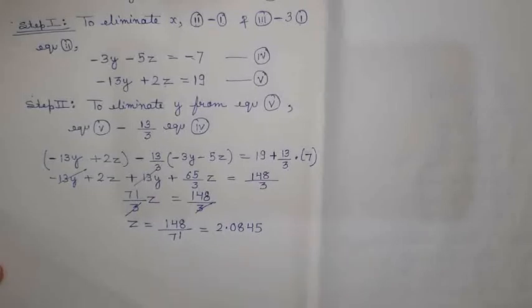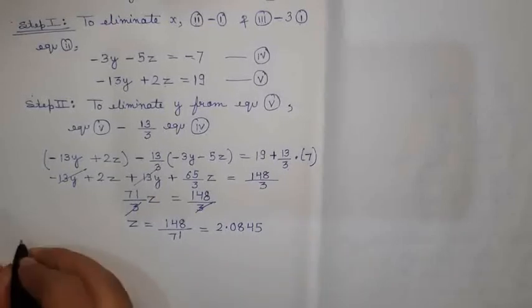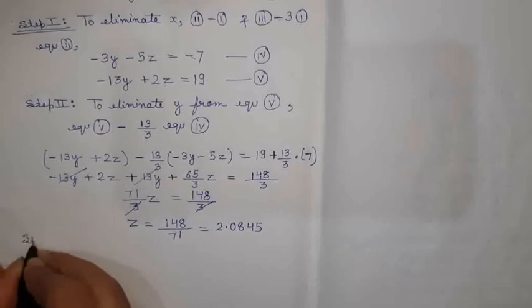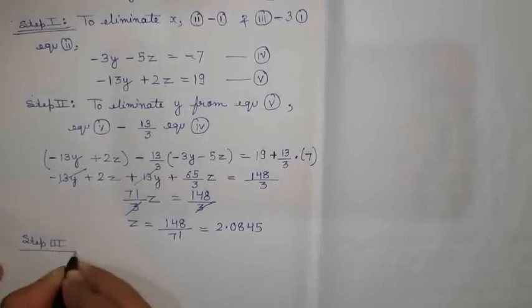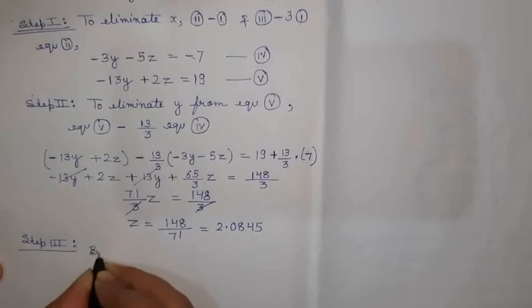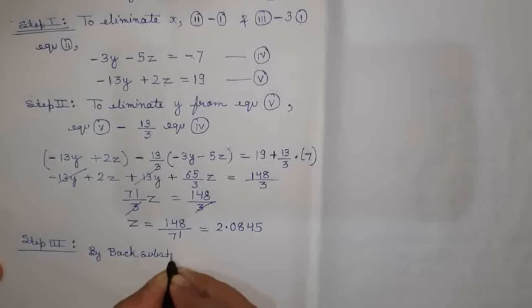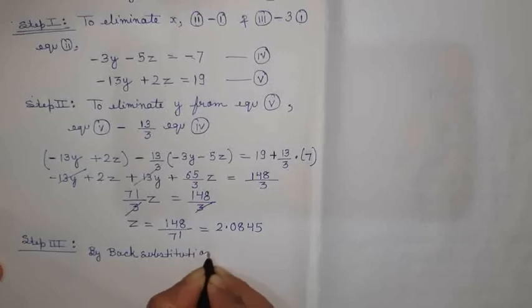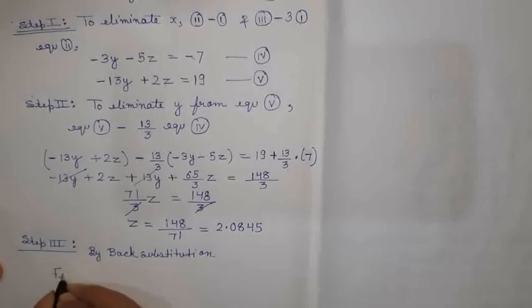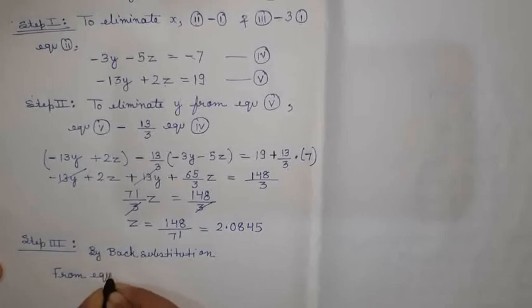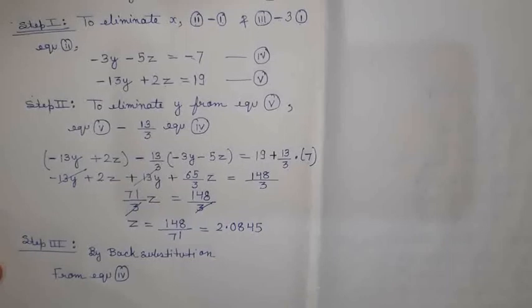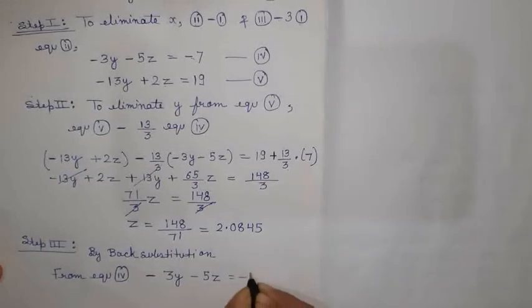So we have got the value of z. Now we will do back substitution. Step 3 was our back substitution. From equation 4, it is already given as minus 3y minus 5z equal to minus 7.